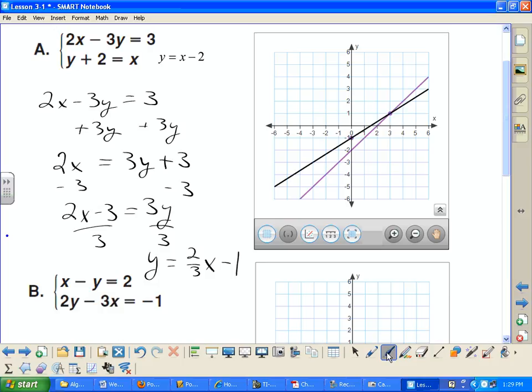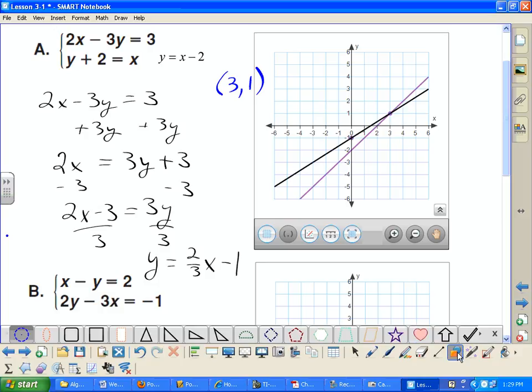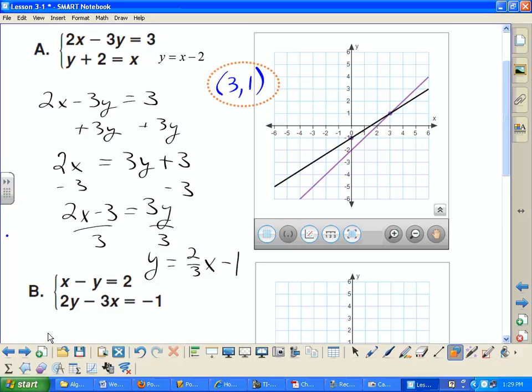So the answer to this problem is the point (3, 1). My answer is the coordinate where the two lines intersect. So that's what I'm looking for. Where do they intersect?